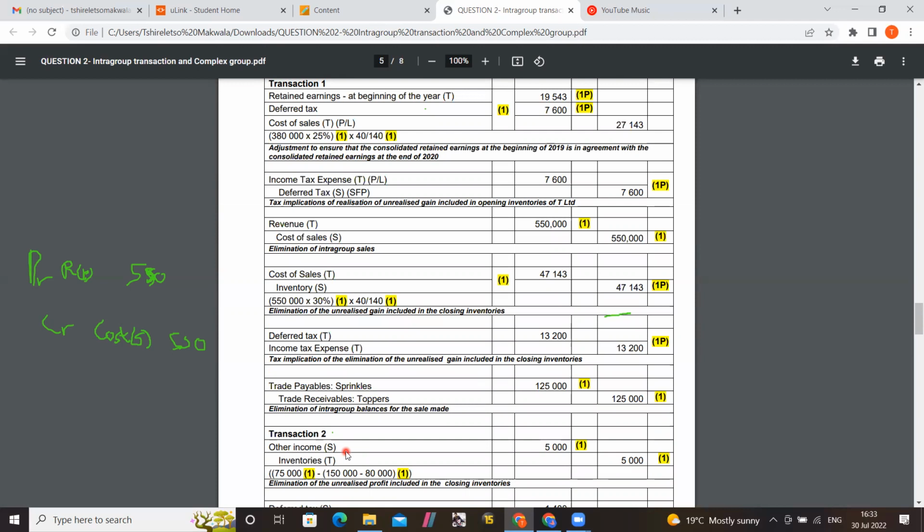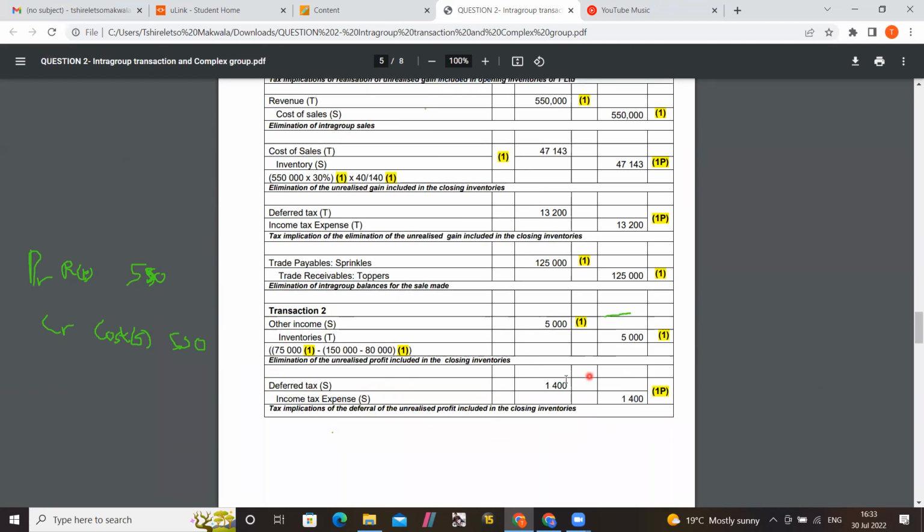So you have to credit income taxes with about this amount, 5,000 multiplied by 28%, and then, since we credited the income tax, we debit deferred tax asset with the same amount. And that's what they did here.